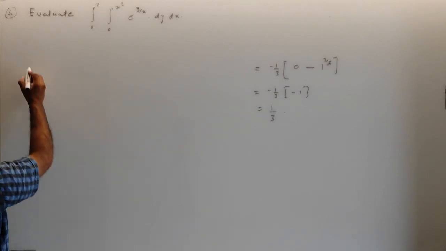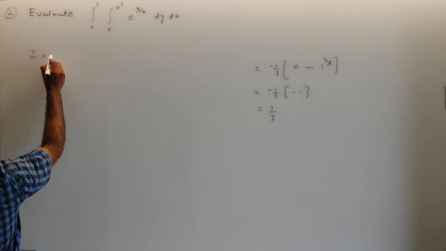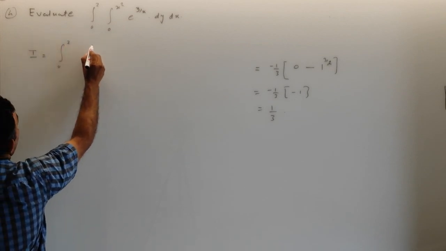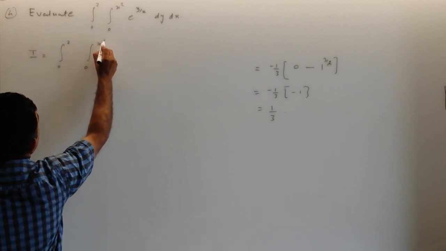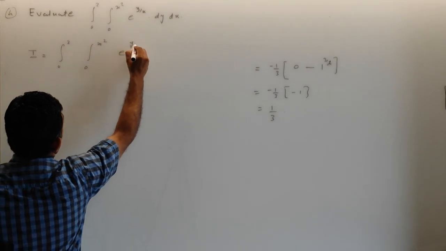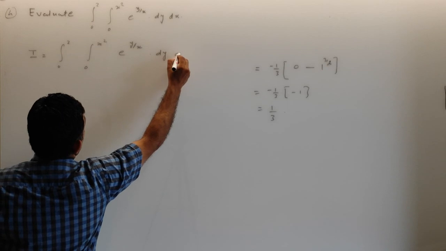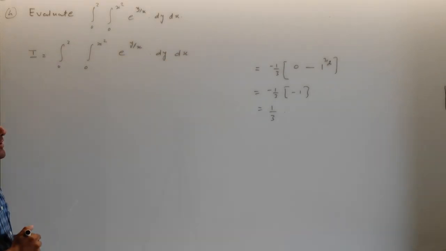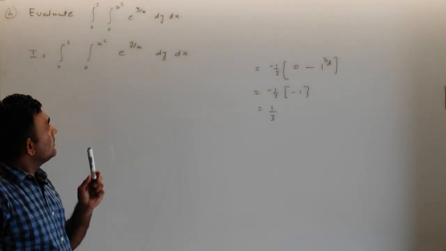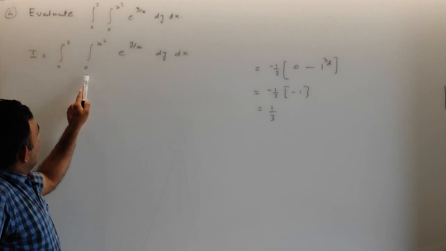So here I is integration 0 to 2, integration 0 to x square, e raised to y by x into dy dx. So here limits are 0 to 2 and 0 to x square.